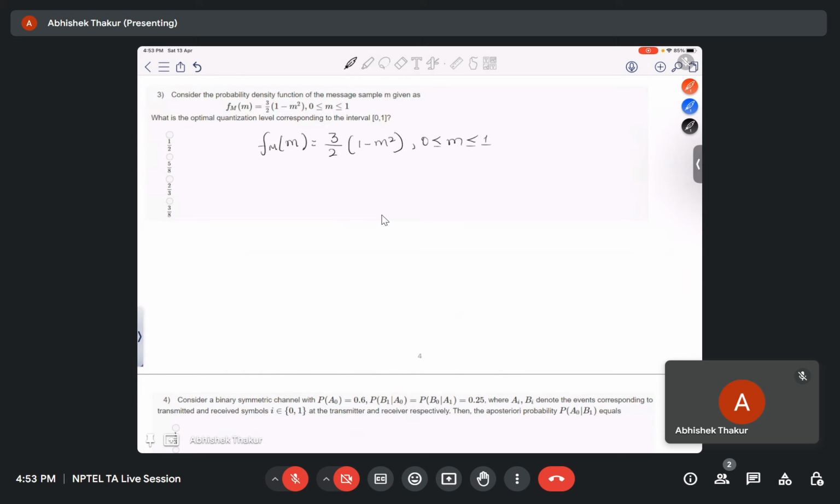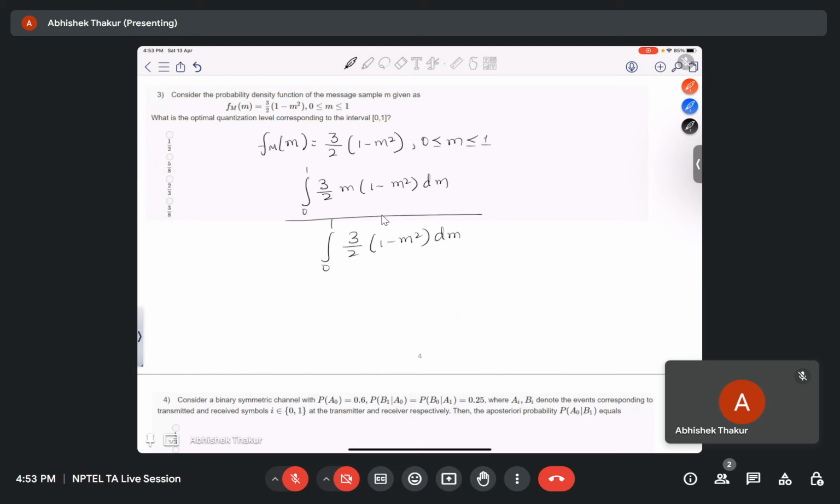What is the optimal quantization level corresponding to the interval 0 to 1? So the quantization level will be the integration from 0 to 1 of 3 by 2 m (1 minus m squared) dm, divided by the integration from 0 to 1 of 3 by 2 (1 minus m squared) dm.